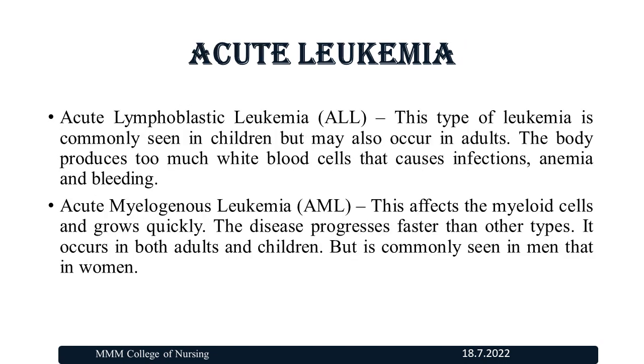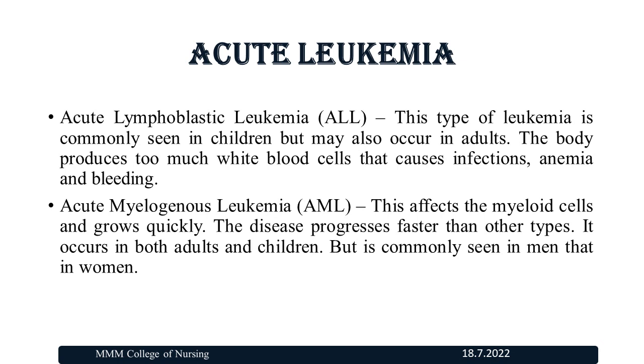Now we will see details about acute leukemia. There are two types: ALL, which means acute lymphoblastic leukemia, then AML, acute myelogenous leukemia. What is ALL? This type of leukemia is commonly seen in children but may also occur rarely in adults.